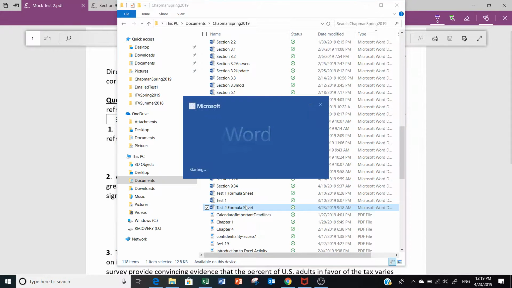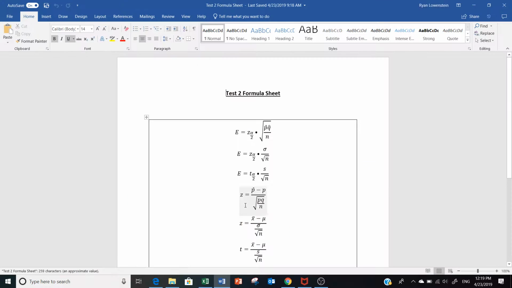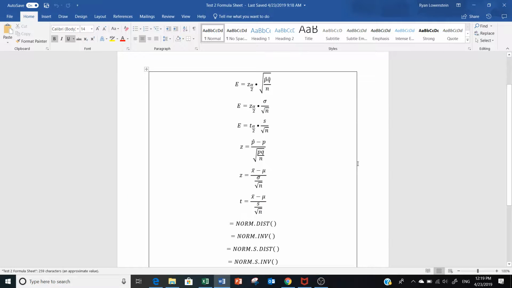Here we go, test 2 formula sheet. Okay, which of these formulas is used for confidence intervals and which of these are used for hypothesis testing? Confidence intervals. Good. So the first 3 that have an E in front of them, what does E stand for? Margin of error. Confidence intervals have a margin of error.